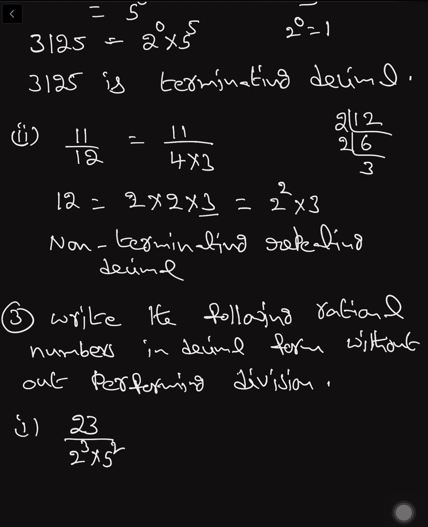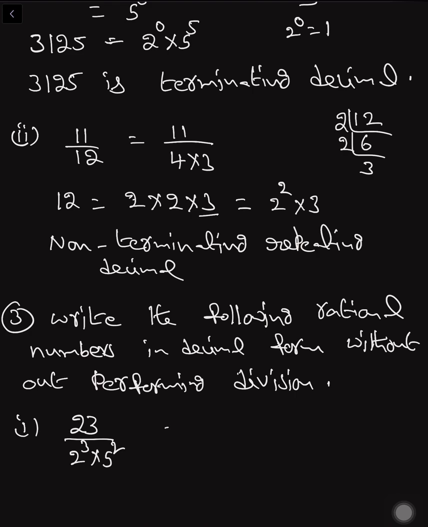Students, you have understood that in the denominator the factors are only 2 and 5. So it is a terminating decimal, and we are able to write this in decimal form. Here the power of 2 is 3 and the power of 5 is 2. First we equate the powers of both the factors.